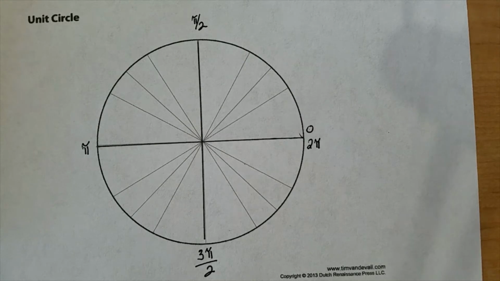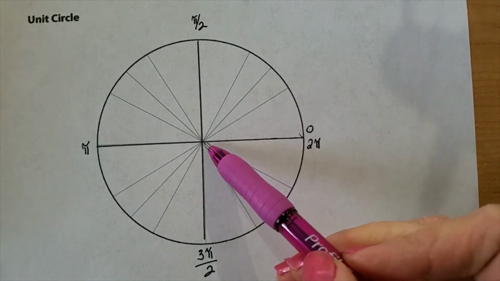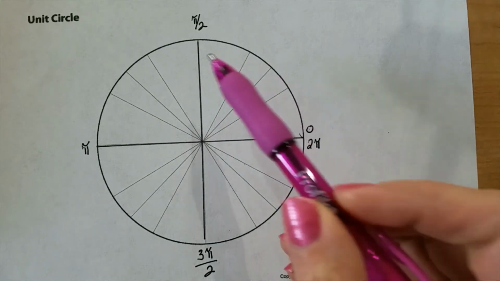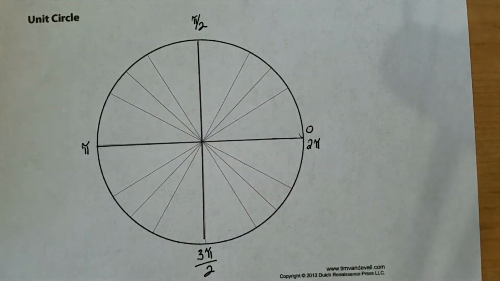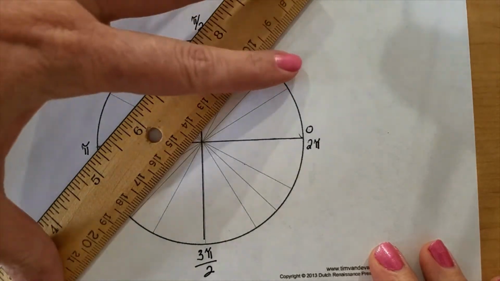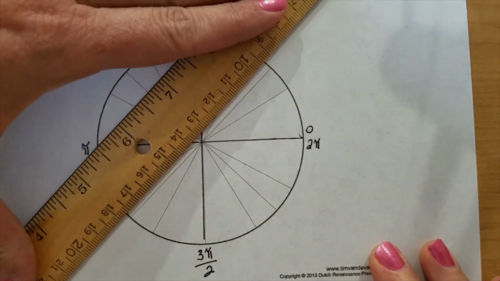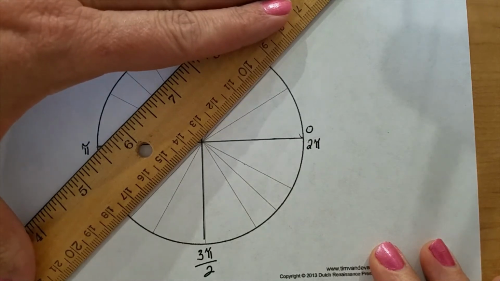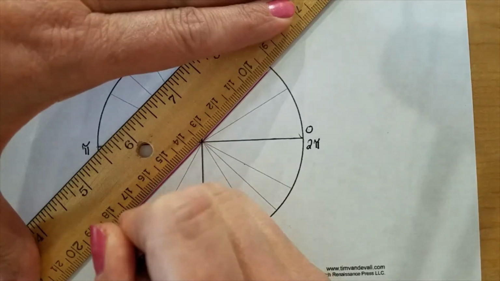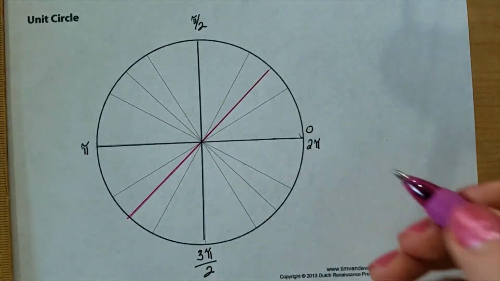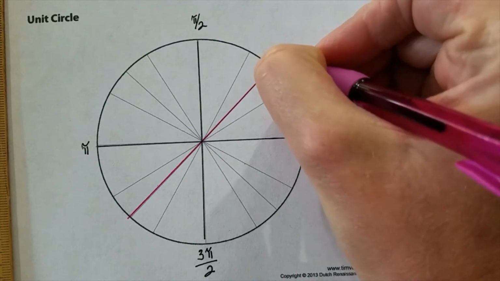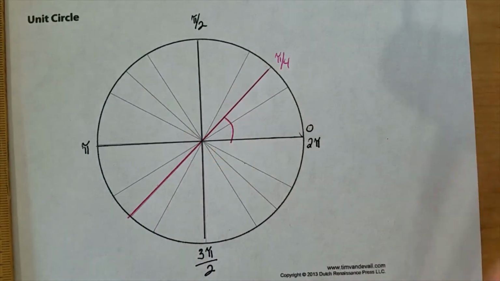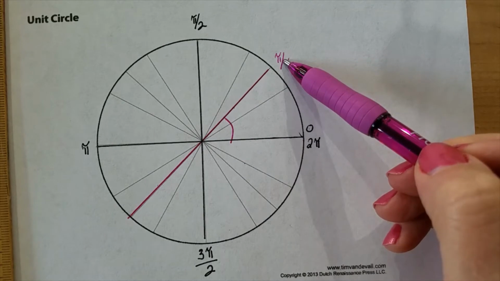Halfway between 0 and pi over 2. So that's halfway between 0 and 1/2. Well, that's 1/4. Now, on this unit circle, do you see how these lines go straight through? We're going to say pi over 4. The measurement here is pi over 4.